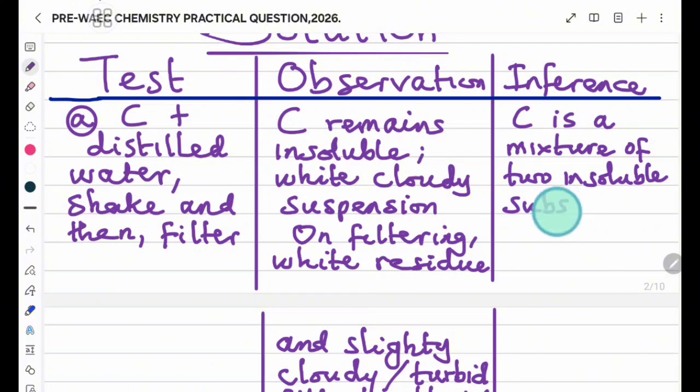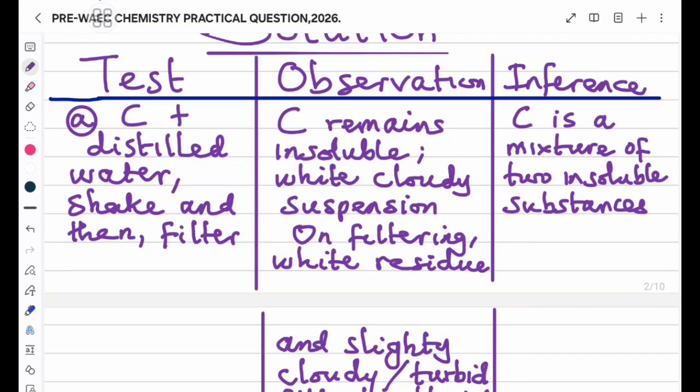Two insoluble substances. The starch and the lead carbonate, both of them are not actually soluble in water, but some particles of the starch dissolve in water to give us a colloidal suspension in water.